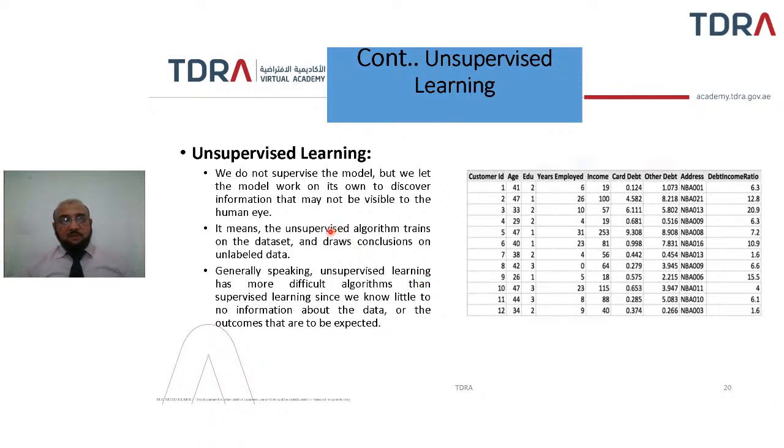It means that unsupervised learning algorithms train on the data set and draw conclusions on unlabeled data. Generally speaking, unsupervised learning has more difficult algorithms than supervised learning, since we know little to no information about the data. We don't know about the data because we are not training the model about the data. It will predict based on the features.